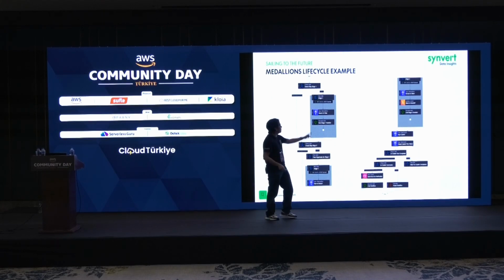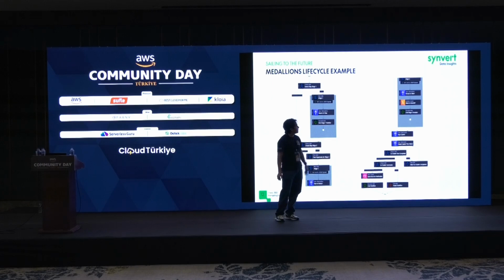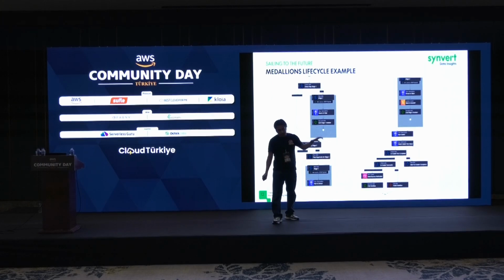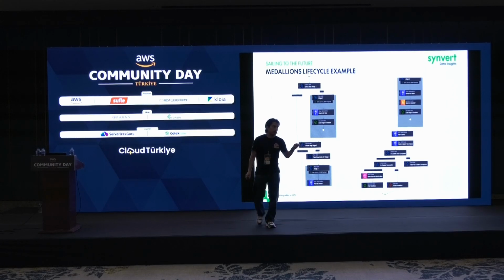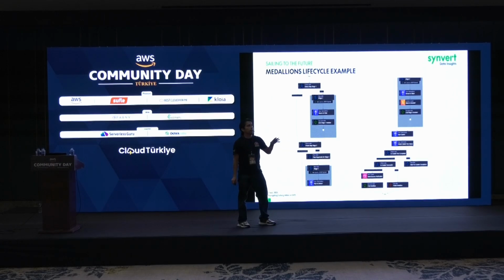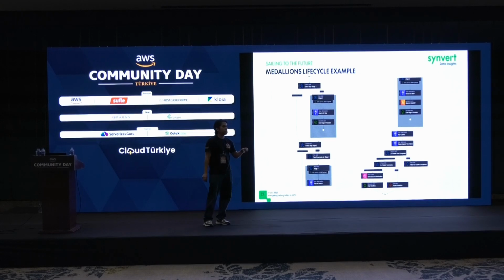But as you can see on this other part of the state machine, we needed to add a Lambda, because that Lambda at the beginning was the one manually creating the partitions on the table. After we switched to Iceberg, that Lambda we could get rid of, and it became simpler.